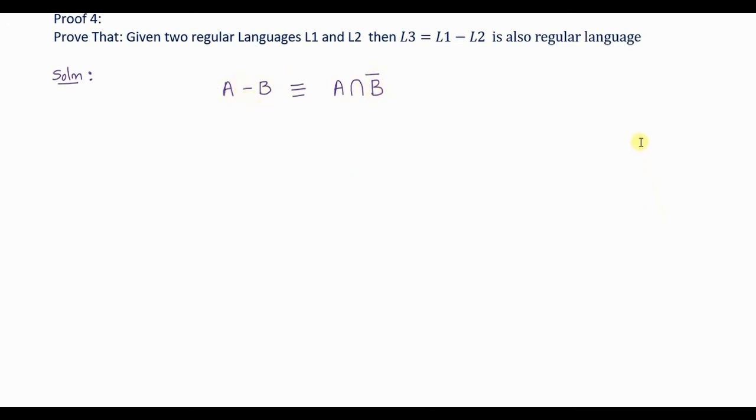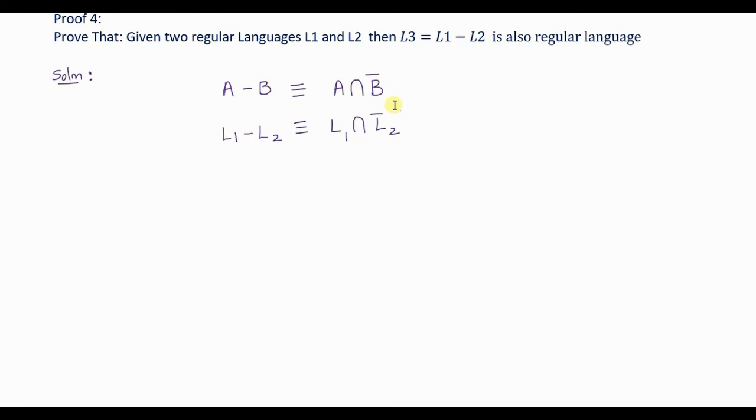Okay, so this is a general formula that we have. So now in this particular problem it is given L1 and L2 are regular. Now how can I write L1 minus L2? L1 minus L2 can be equivalently written as L1 intersection L2 bar.